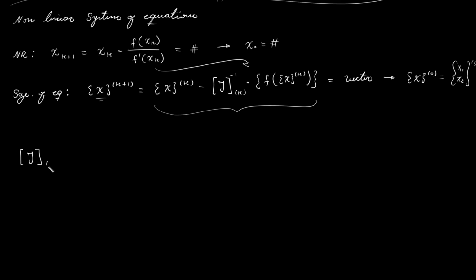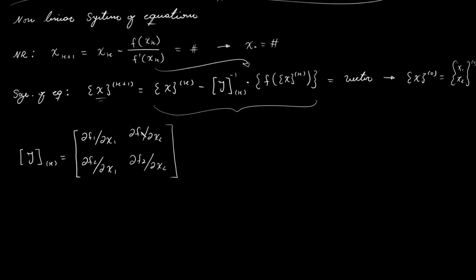But it is very important that you understand, for example, the calculation of the Jacobian. If you want to calculate the Jacobian at a certain iteration, you will have to take the derivative of the first function with respect to the first variable, the derivative of the first function with respect to the second variable, the derivative of the second function with respect to the first variable, and the derivative of the second function with respect to the second variable.